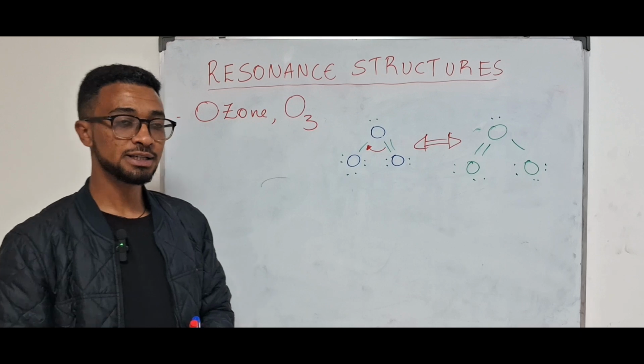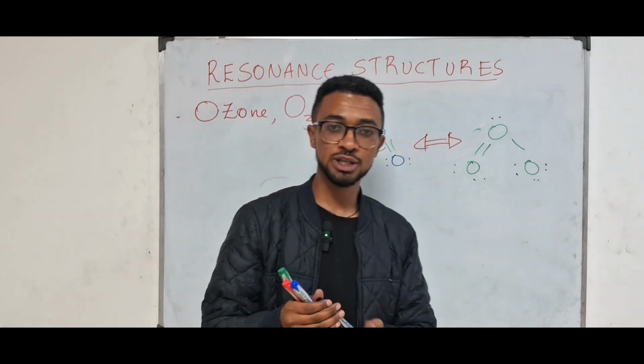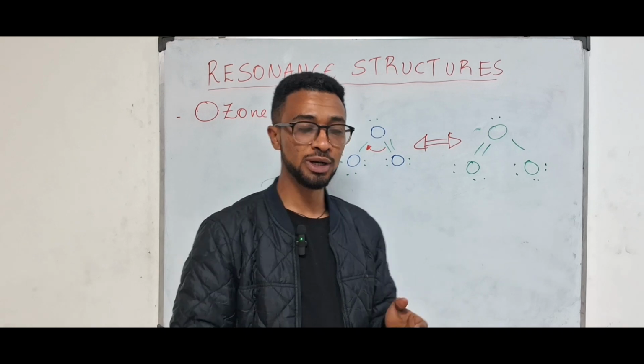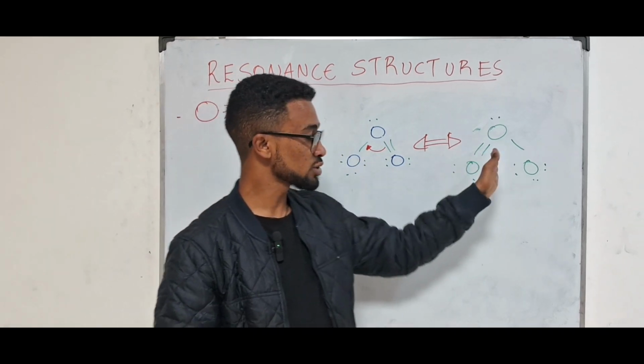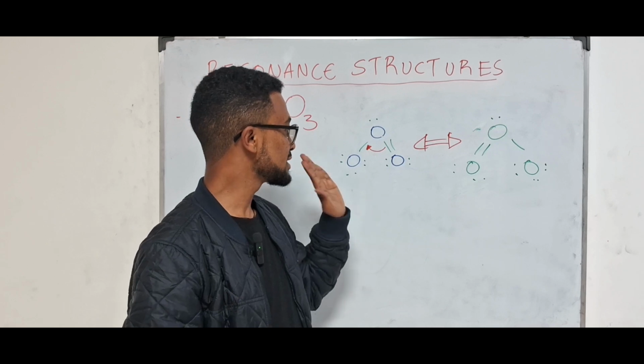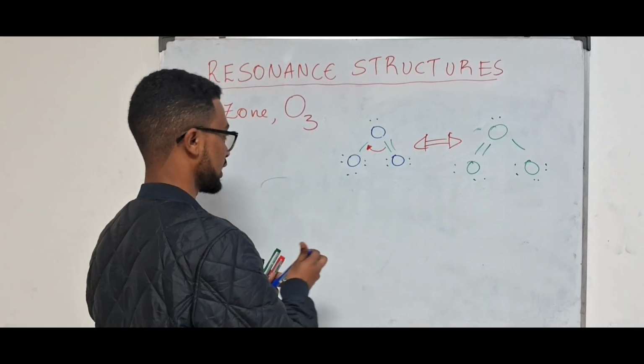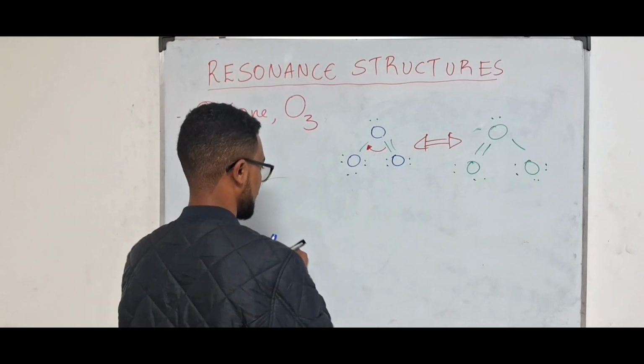This is another valid Lewis structure for the ozone molecule. But actually, the actual structure of the ozone molecule lies somewhere between these two structures. The actual structure is the hybrid of these two structures, which will look like this.